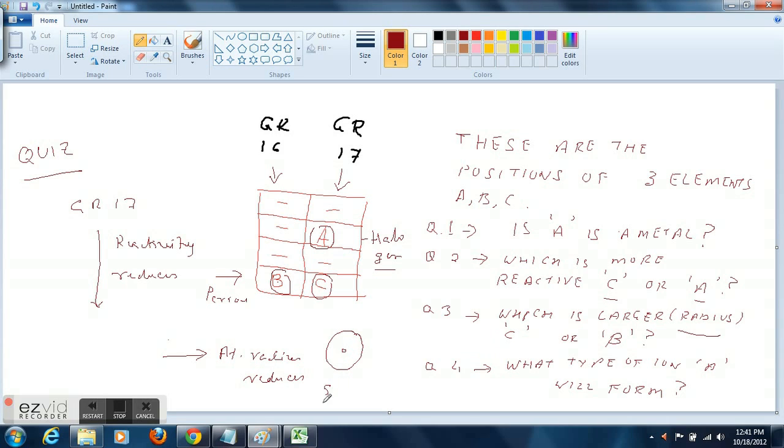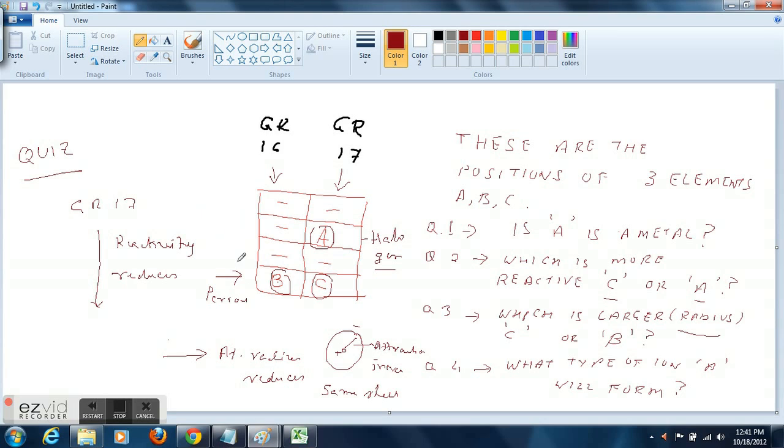So the attraction between opposite charges will increase and atomic radius will reduce. So between B and C, which is larger? Definitely B is larger, C will be smaller. Okay, because C is farther right in the period.